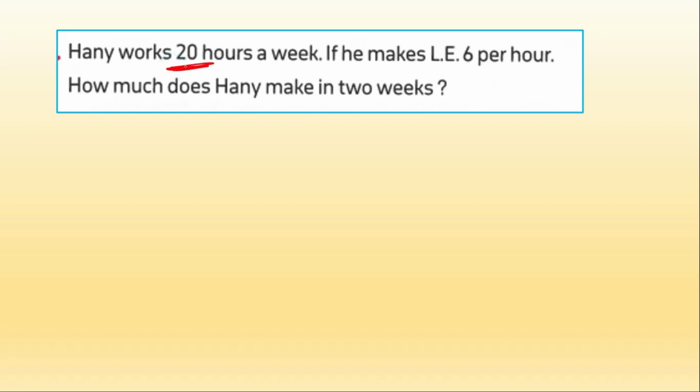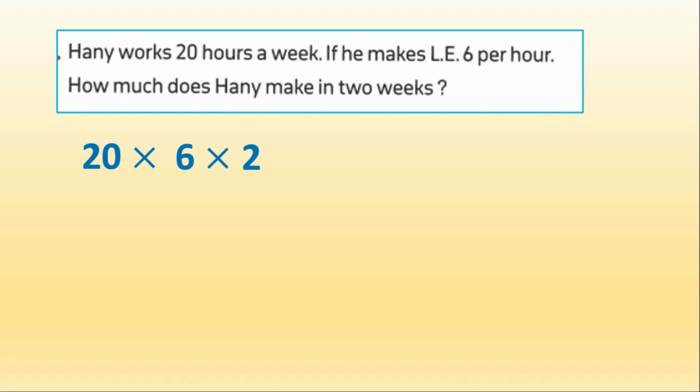Hani works 20 hours and he gets 6 pounds per hour. Okay, so 6 pounds are repeated 20 times. And how much does Hani make in 2 weeks? So first we repeat the 6 twenty times, that's the first multiplication. Then the whole answer comes from this, and we want to do it for 2 weeks, so again there is repetition 2 times. You go step by step, very normal. First he works 20 hours and each hour he gets 6 pounds, and then we repeat all of this for 2 weeks.